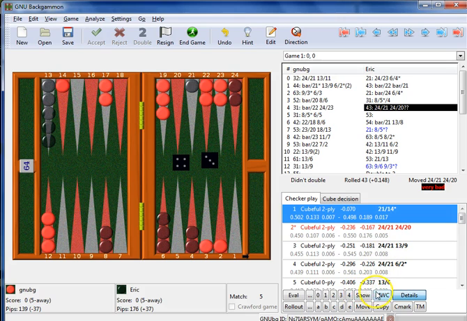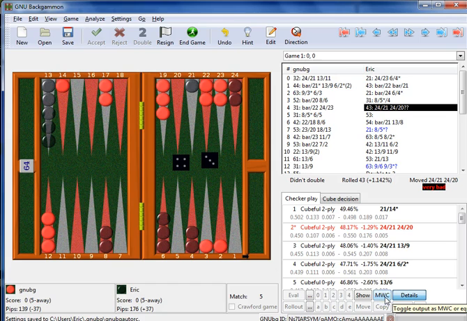You can also hit this MWC button, and this gives some MWCs, for match winning chances. Now, instead of what we call the normalized equity, those numbers we were seeing before, these are actually your match winning chances. So you can see after I made this move, my match winning chance was 48.17%.